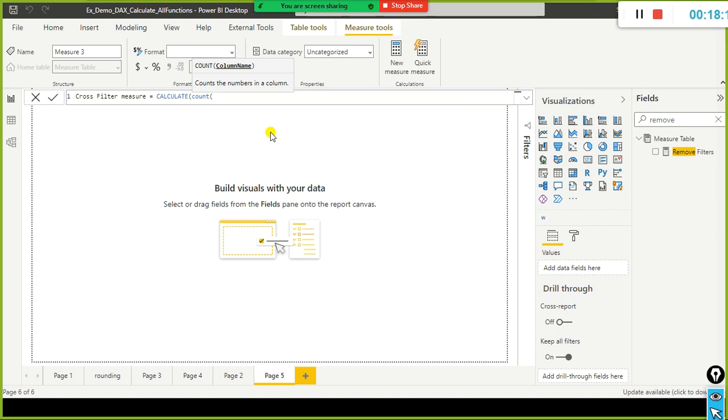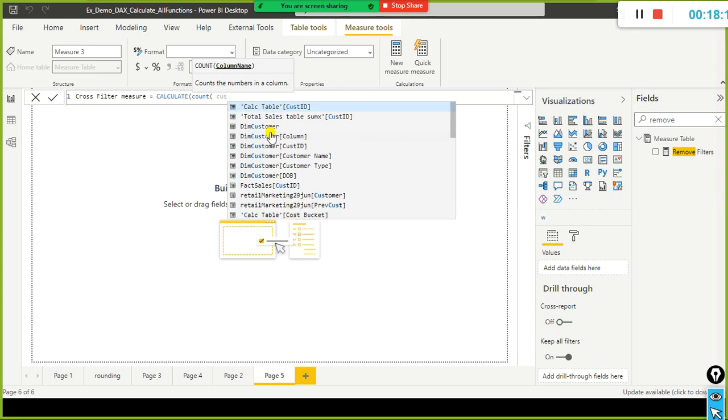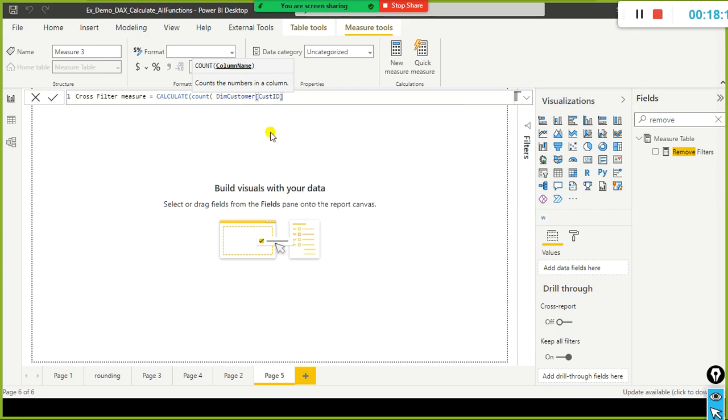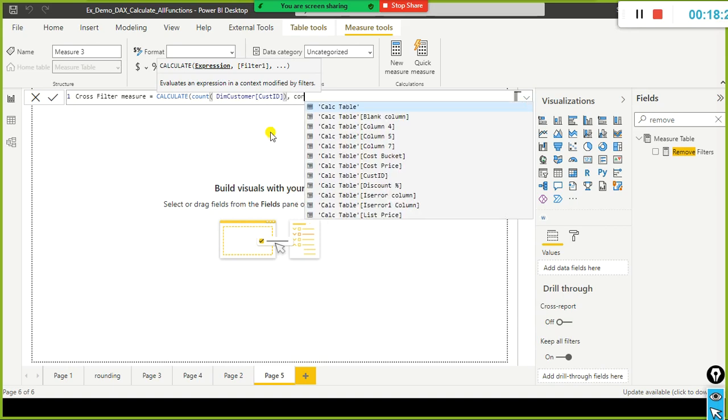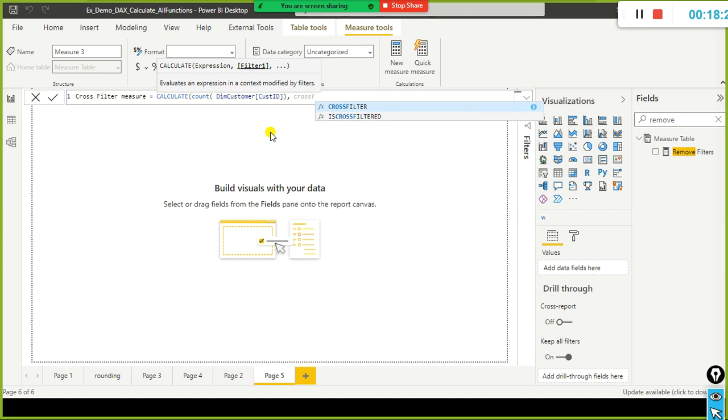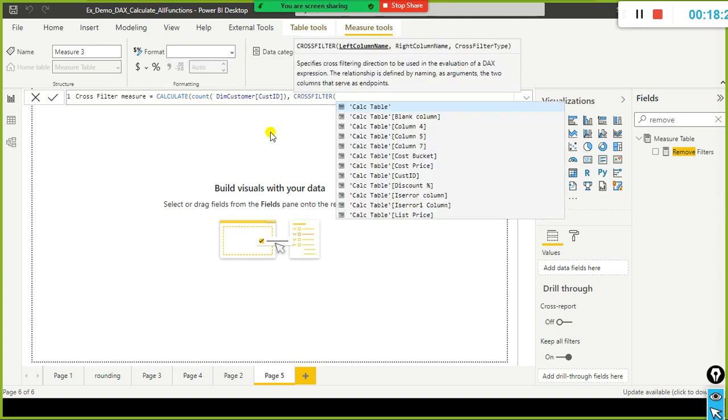So what I'm going to do is I'm going to say customer ID, comma, cross filter. You cannot use cross filter directly. If you want to use cross filter function, you have to use calculate function. Remember this. In this case, left column name. So here right column name.